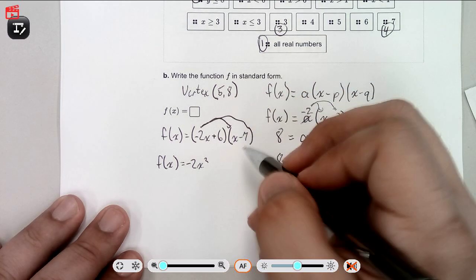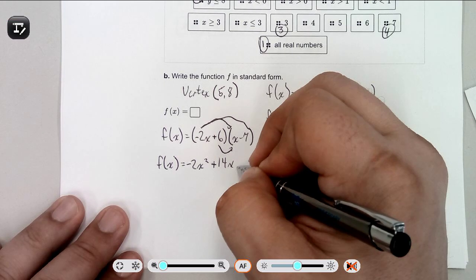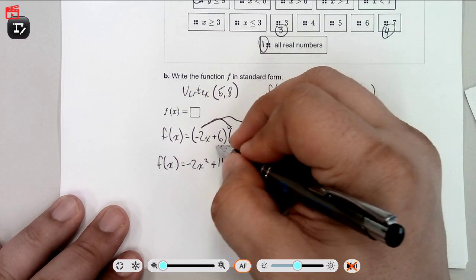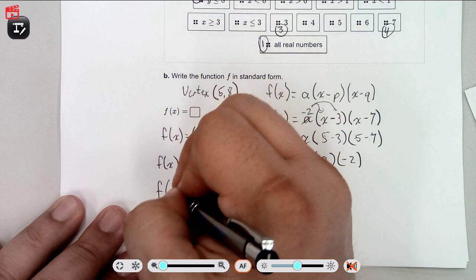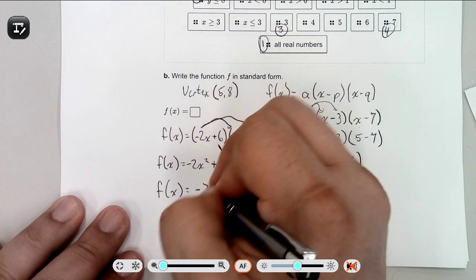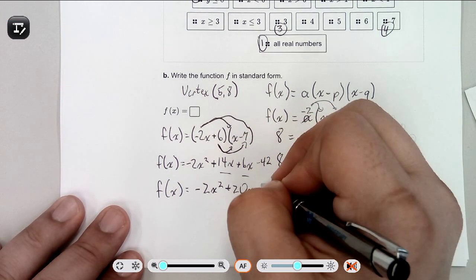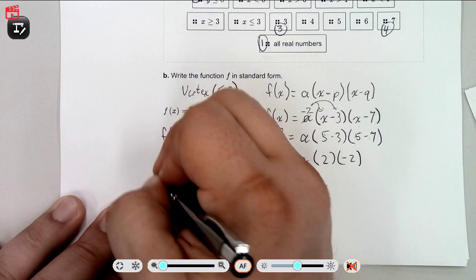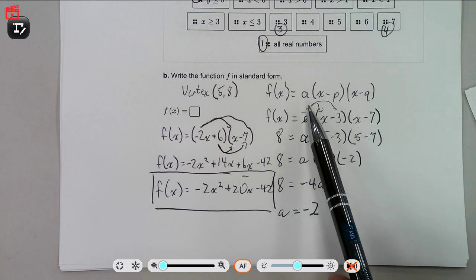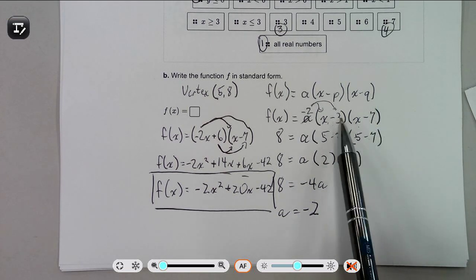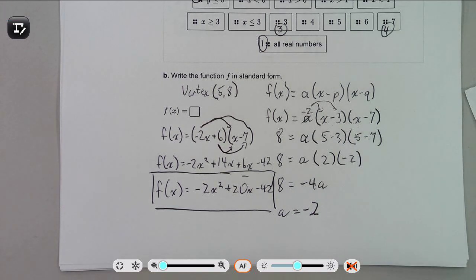Outside, that's positive 14x plus 6x minus 42, and combine the two middle terms. So your standard form is negative 2x squared plus 20x minus 42. You could have also, before distributing the negative 2, multiplied these two binomials together first and then distributed the negative 2. Would have worked out the same.